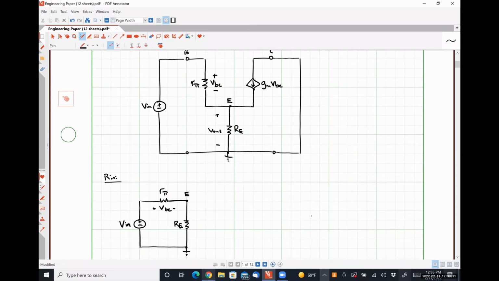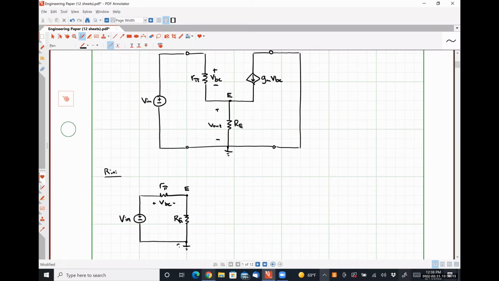And then between the collector, which is our ground actually, and the emitter, I have my dependent source, GM VBE, and the direction of my current is up because it's flowing from the collector to the emitter. We all okay with that? So this is my current I in.